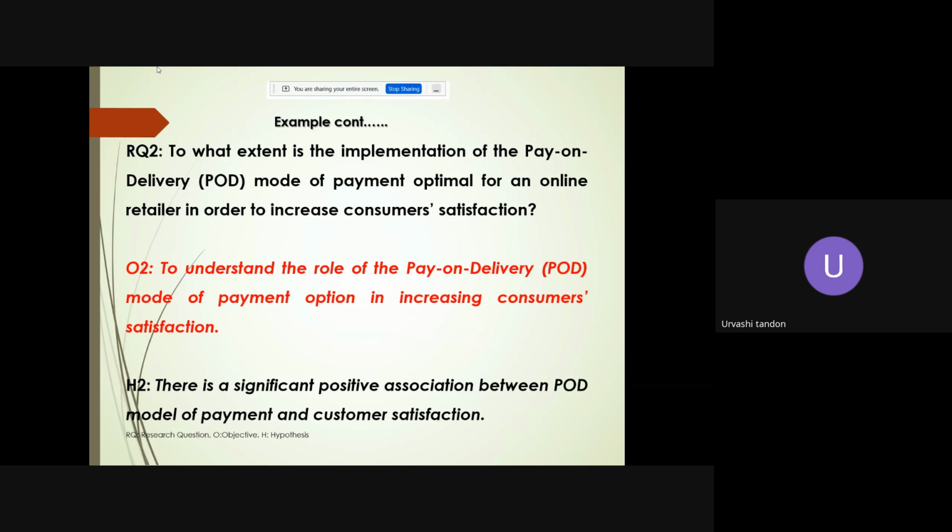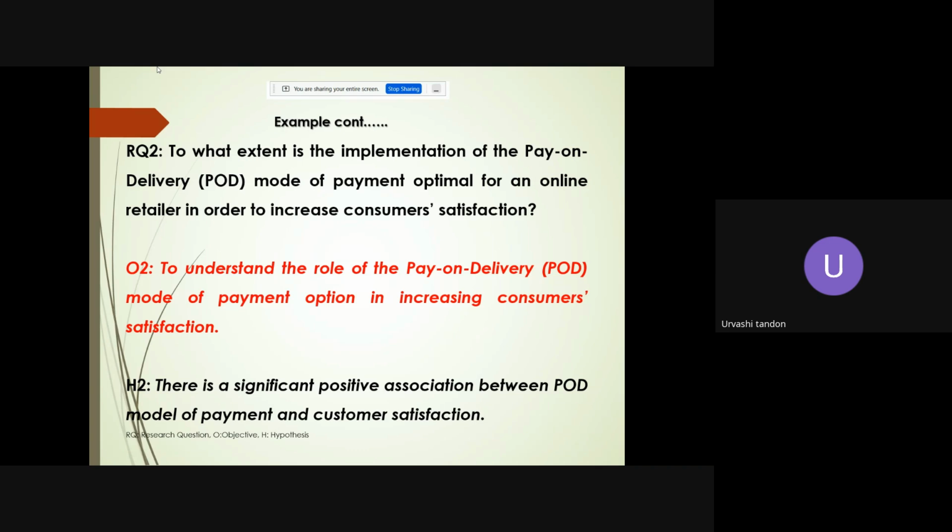Again, while talking to people and taking the survey, it is the cash on delivery mode of payment that really enhanced online shopping. So as a part of my research, I made it a construct, validated it, made a scale out of it, revalidated it, and used it with UTAUT2, which I explained earlier. A new construct, that is, a new variable, was developed: the pay on delivery mode of payment.